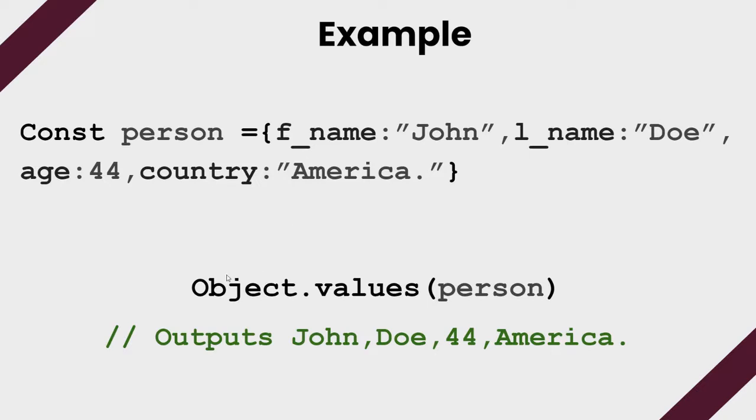And below it we have this particular syntax here, which is Object.values with the object name of person. So what this does is that it's going to convert this person to an array, and then each of these values would be printed out completely. So you are going to have John Doe, 44 and America on the screen. So that's how Object.values does it.